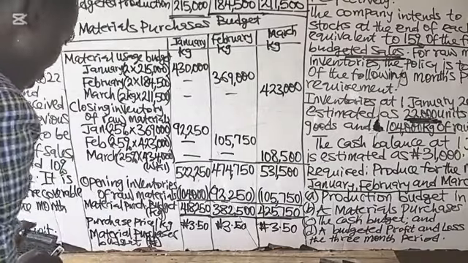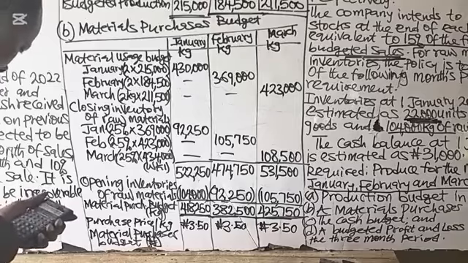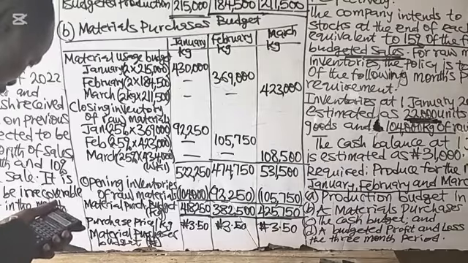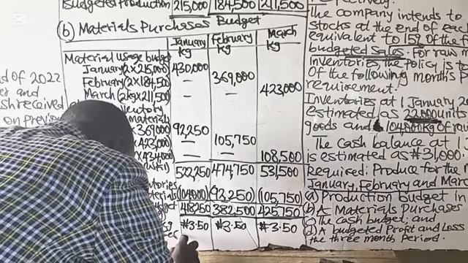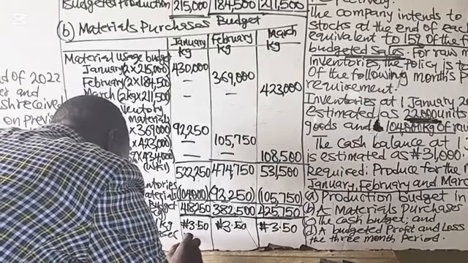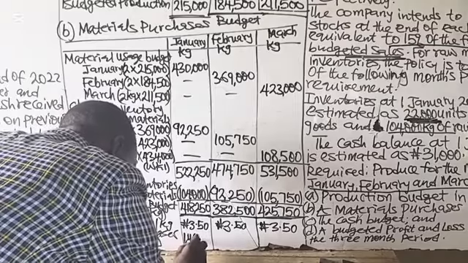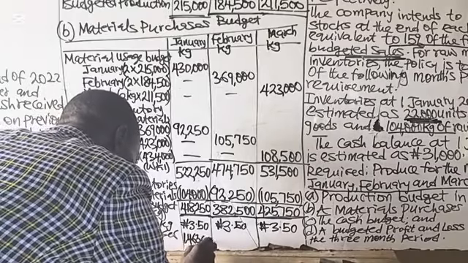For the month of January, we have 418,250 times 3.5, which gives us 1,463,875.